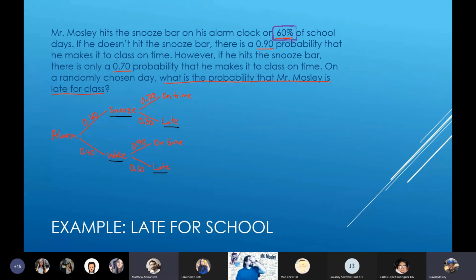Okay, you're welcome. All right, so now we have again the 60 and the 30, and then we have the 40 and the 10. So these are the things that I'm going to add up. Now, we have our two options. We are trying to find the probability that I'm late.